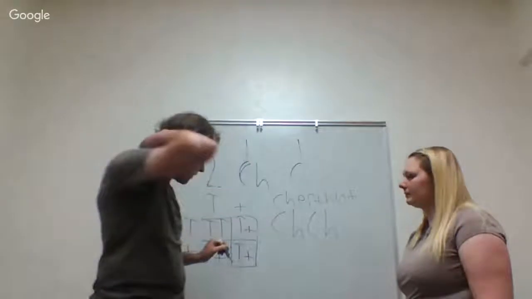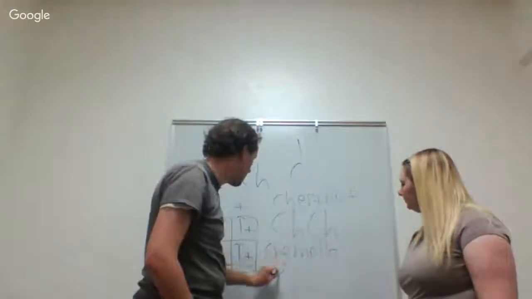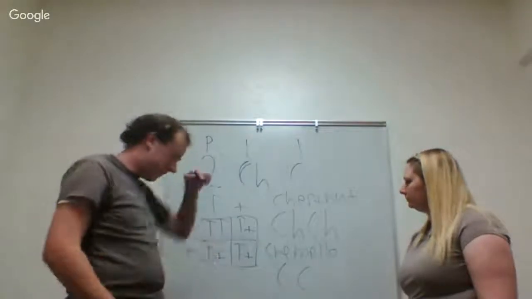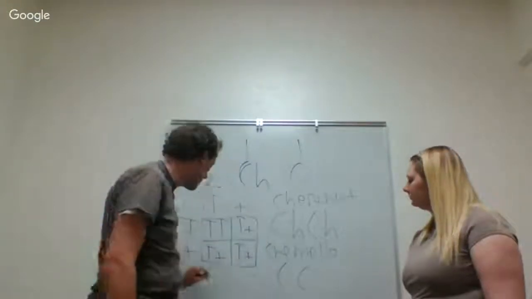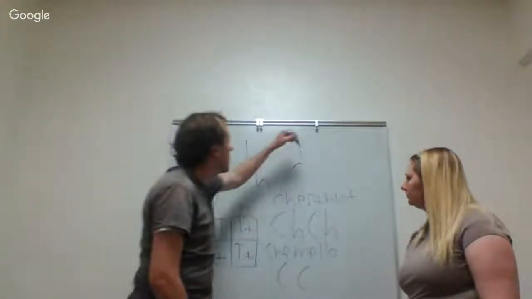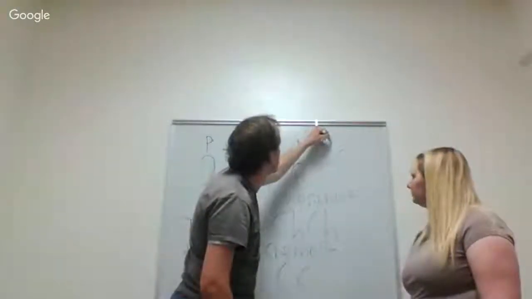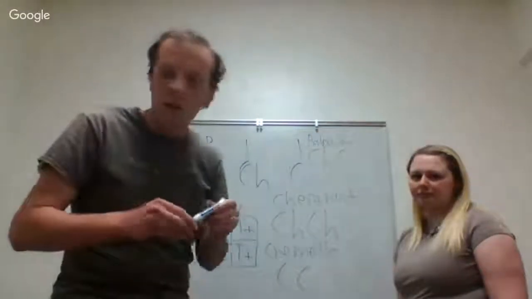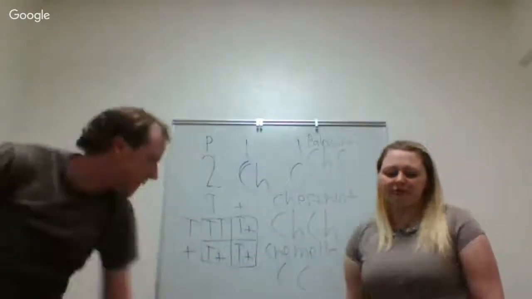And then the cremello is CC, and CHC would be palomino. Yep, that's sort of what we believe is going on here. Okay, all right, perfect. That'll take us to 4.